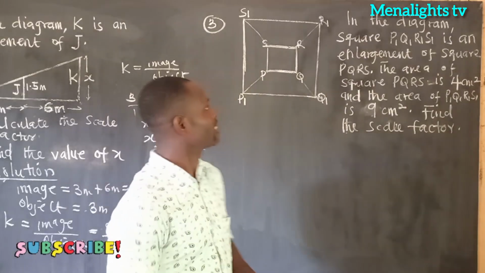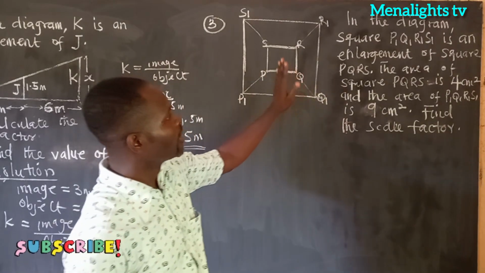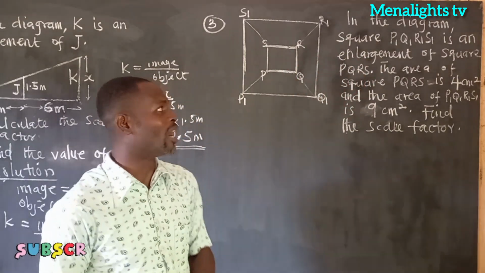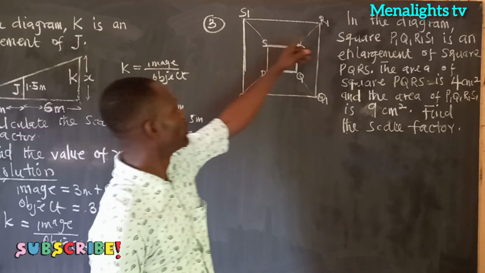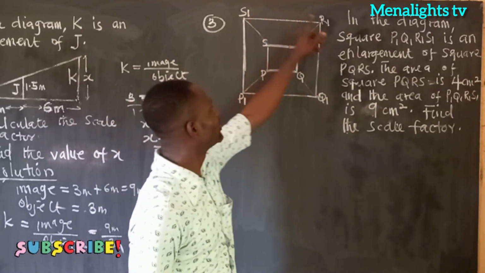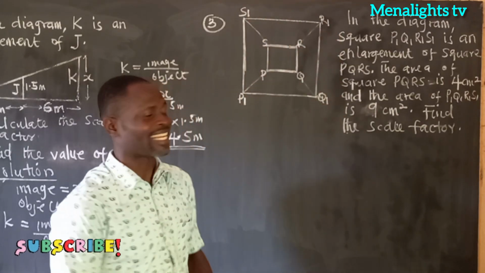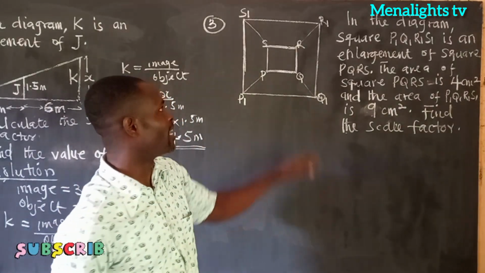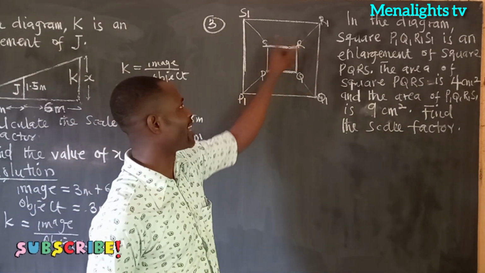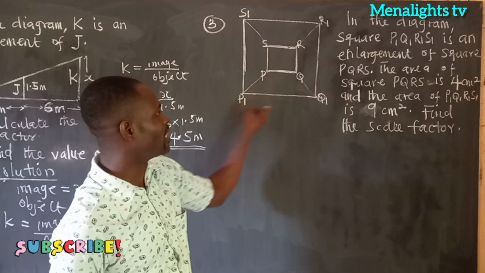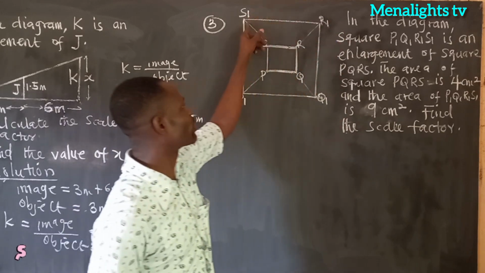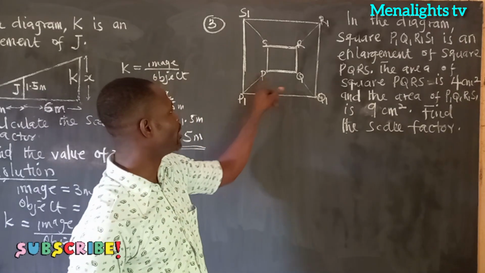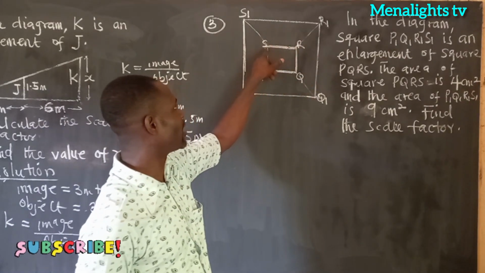Now let's look at the third diagram. In the diagram, square P1, Q1, R1, X1 is an enlargement, so that is the image, of square PQRX.